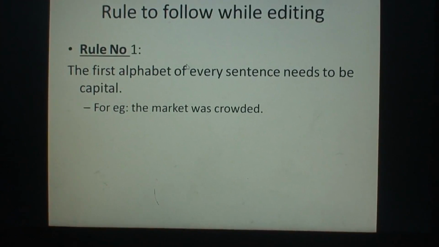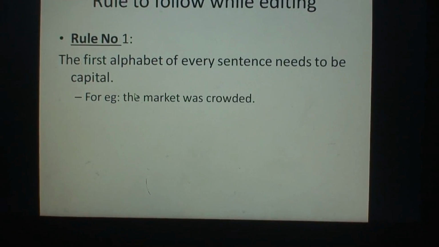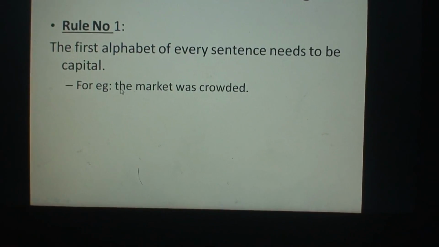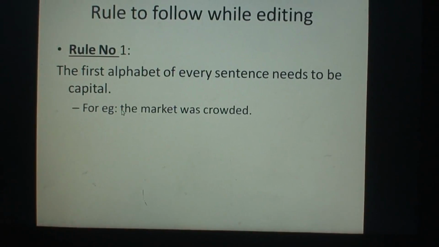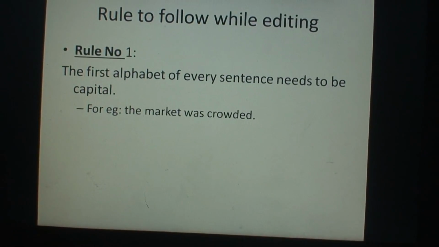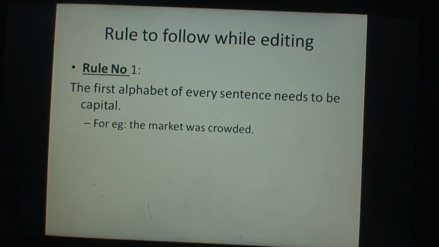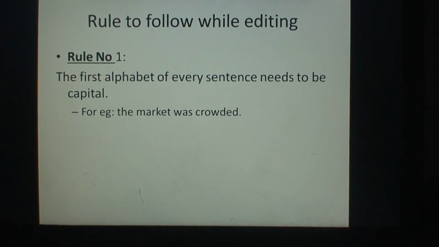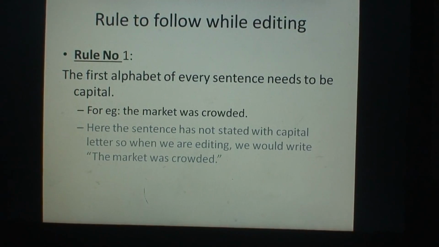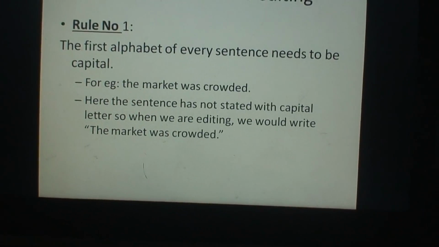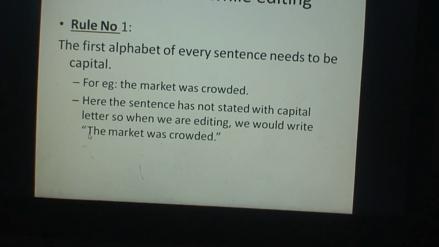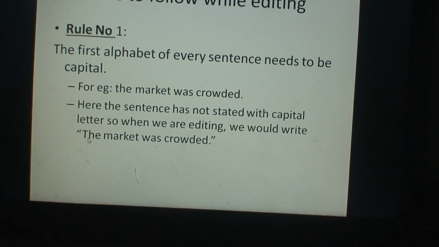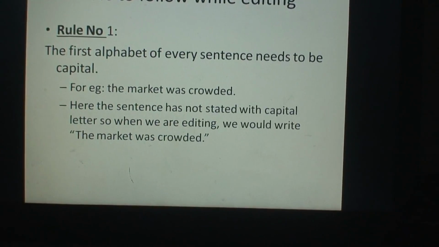See this letter, the letter T in the is small. Since it's the beginning of the sentence, it needs to be capital. So we are supposed to write it this way: The market was crowded.